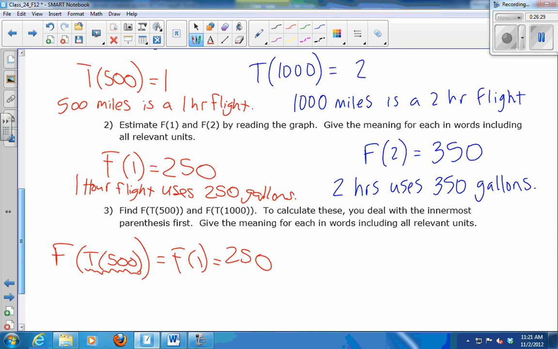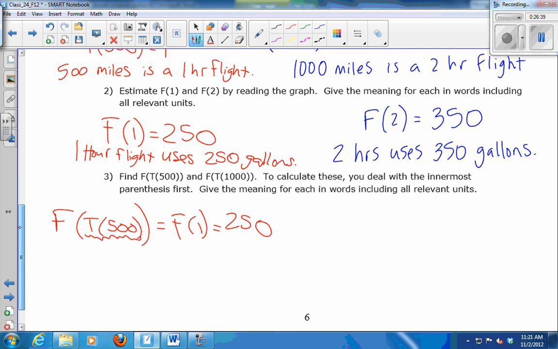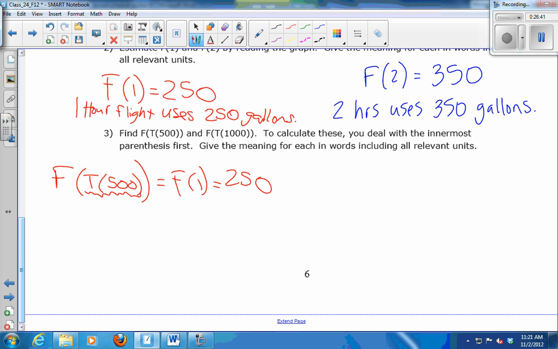So in words, this composition is taking me directly from miles traveled to gallons used, right? My input is 500 miles traveled. My output is 250 gallons. A 500-mile trip uses 250 gallons.